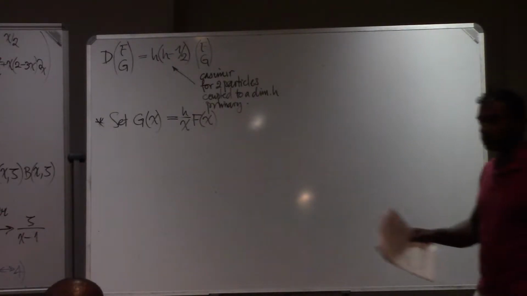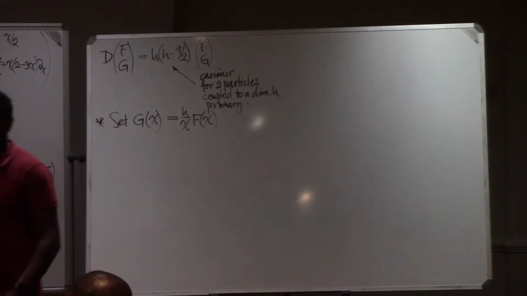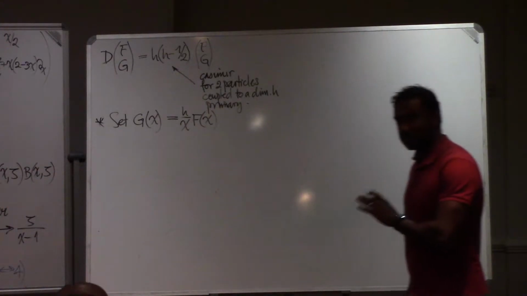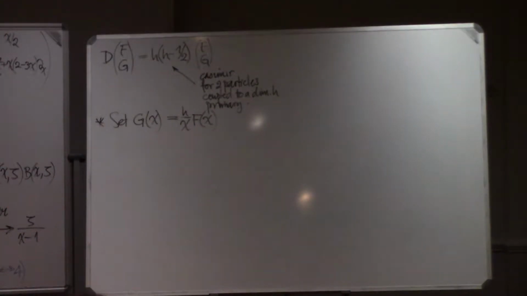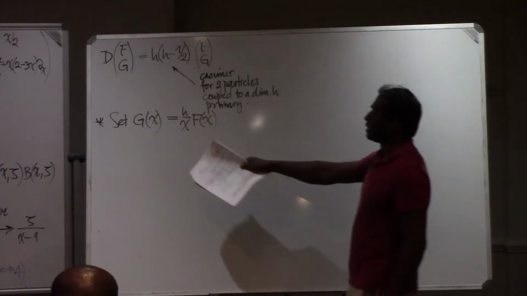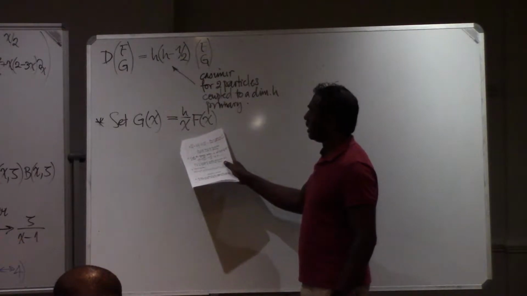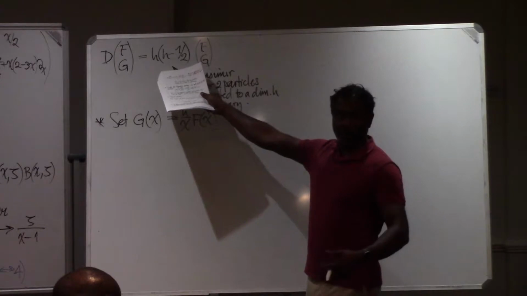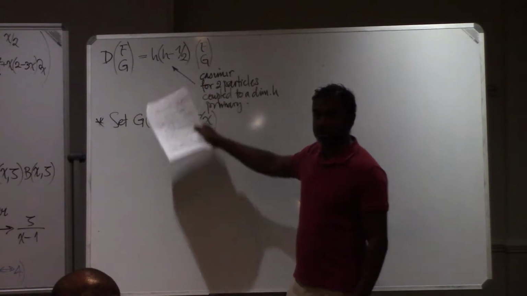I'm going to show you when we go to the shadow representation for constructing 4-point functions that this ansatz comes out quite naturally in the integral representation. But for now, let's just see where this takes us. Okay, so I'm going to set g equal to h over chi times f of chi, and that decouples these two equations. They actually turn out to be both the same equation, so I need only solve one of them.